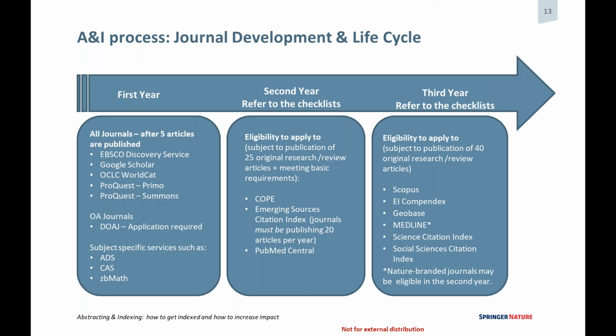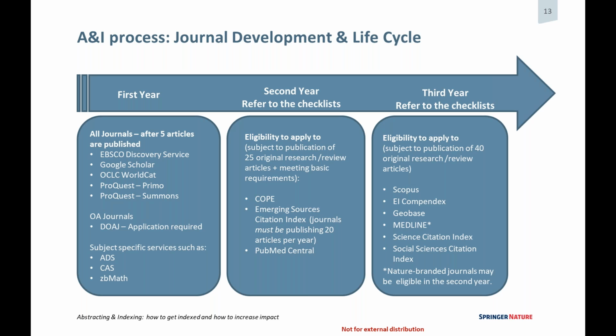So this is a very high level view of the journal development life cycle for the indexing process. This is purely for the indexing process. In the first year, and this is again from the journal perspective, however, it is very important for all authors to understand how the indexing takes place.